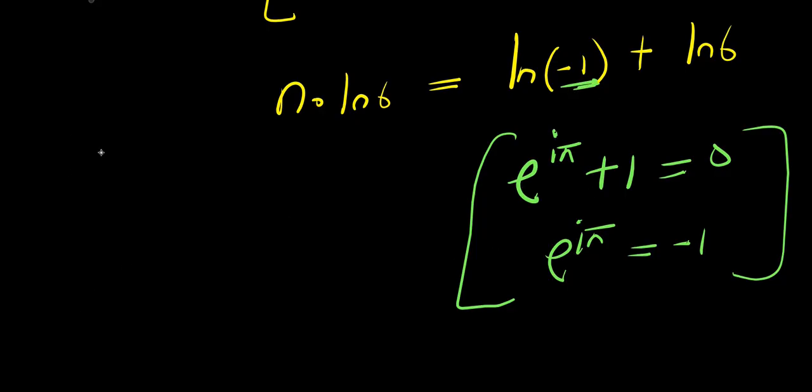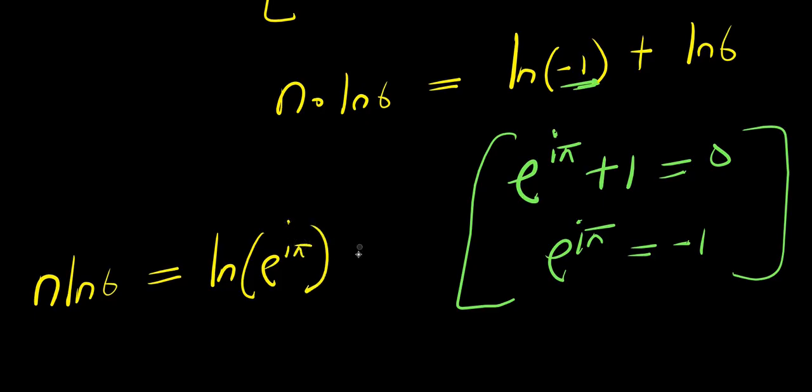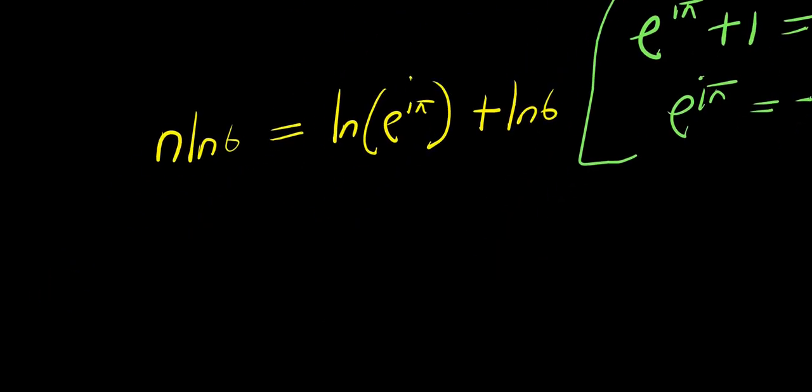I'm going to have n times natural log of 6 equals natural log of e power I times pi plus natural log of 6. And if you have natural log of a power b, this equals b times natural log of a.